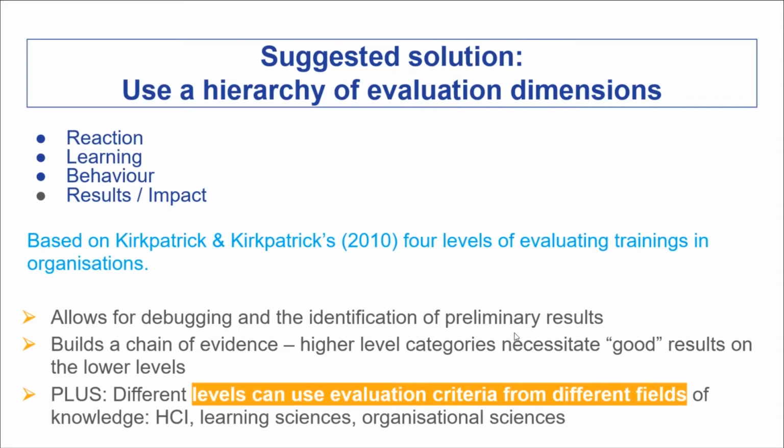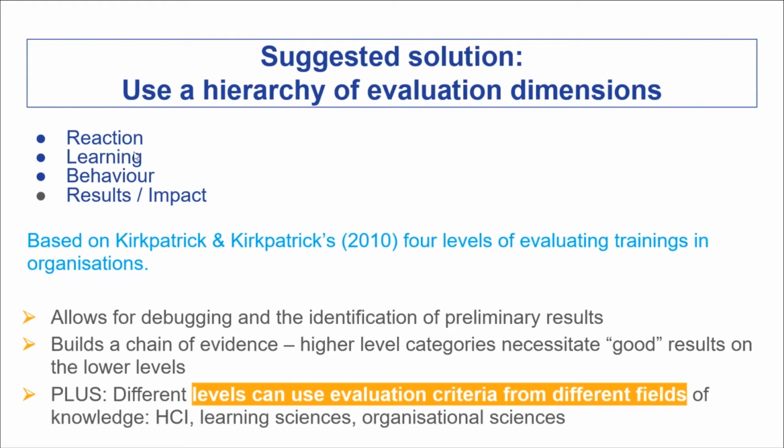There's an additional advantage: this hierarchy allows for debugging and for the identification of preliminary results. If the first field study didn't get you all the way to reaching your goal, it allows you to build a chain of evidence. And you can use evaluation criteria or methods from different fields of knowledge. So maybe if you're measuring the reaction of users to a technology, you can use methods and measures from HCI.